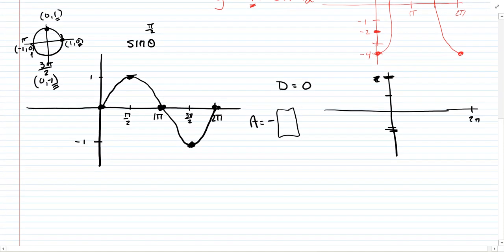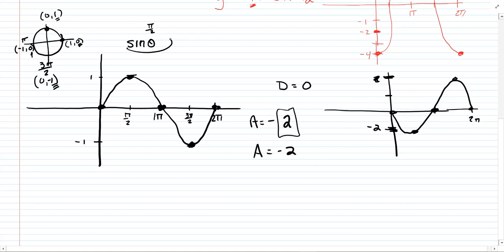But anyway, the a now is going to be negative 2. So it does this now. It goes down and then it goes up. So can you see how it got flipped? That's what the negative sign's going to do. And then it got stretched by a 2. So your a is negative 2.